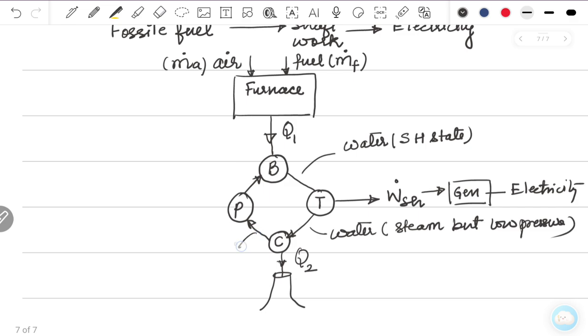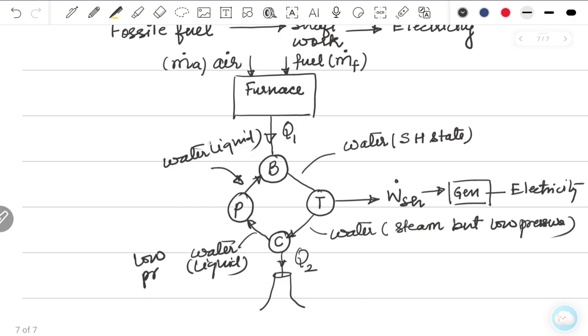And then here this water is in liquid state, and the pressure is low. Here also it is in liquid state, but the pressure is high. And here we have to supply some work. This is called pump work, to convert low pressure water into high pressure water.